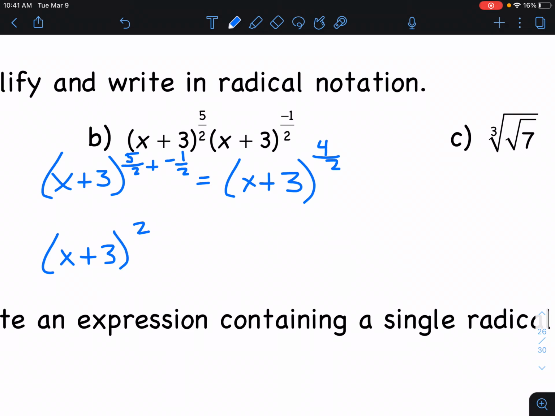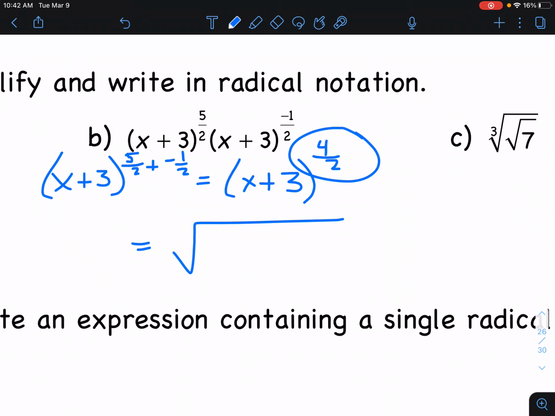Now, if you were to turn this into radical notation, you couldn't do it with the whole number 2. What we would have to do is go back and stop here, because the lowest denominator you can have to turn into a radical is a 2 for square root. So this would be square root of x plus 3 to the power of 4. Okay.